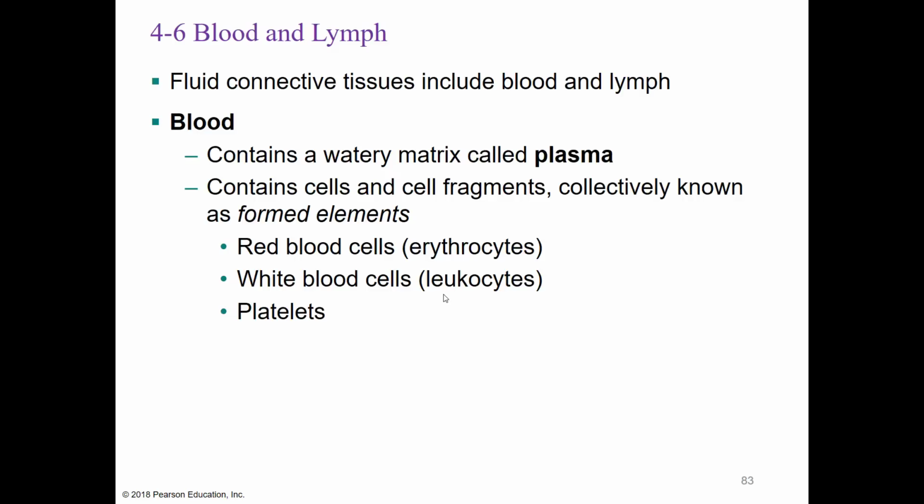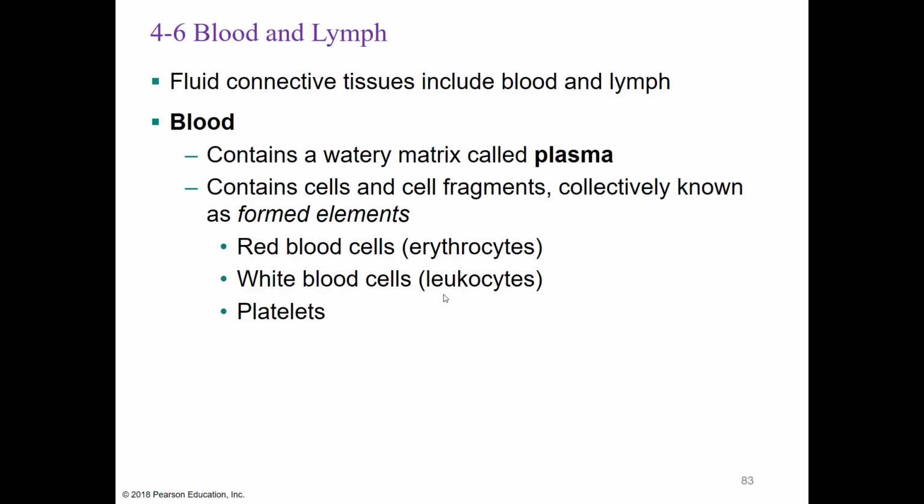So the main cells we're going to find in blood, so these would be our specialized cells that are suspended in the matrix called plasma, are red blood cells, which are also known as erythrocytes, and white blood cells, which are known as leukocytes. So red blood cells are what's going to carry oxygen around the body.